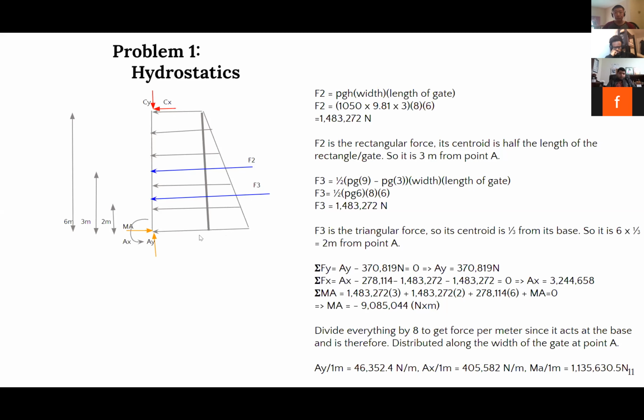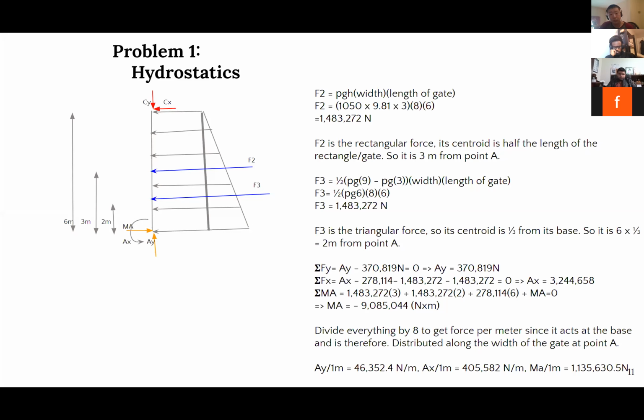So the pressure at the bottom minus the pressure at the top would be rho g 6. So we can multiply this by the width into the paper, which is 8 meters, and the length of the gate, which for this portion is 6 meters, okay? And since this is a triangle, it's all multiplied by 0.5. And we see that F3 is actually equal to F2, and they're the same pressure force, 1,483,272 newtons, okay?